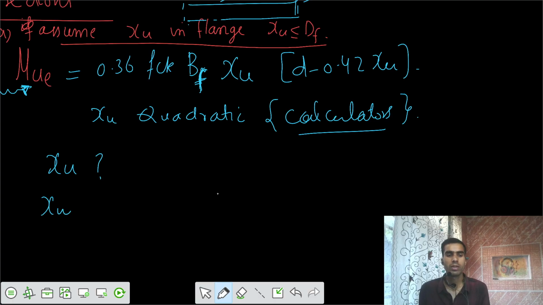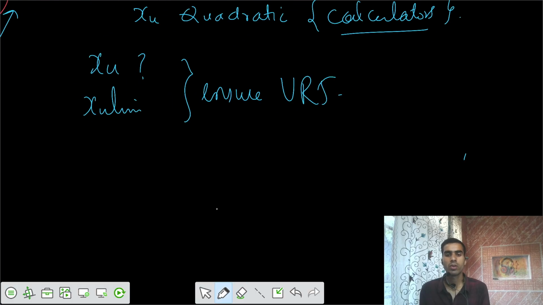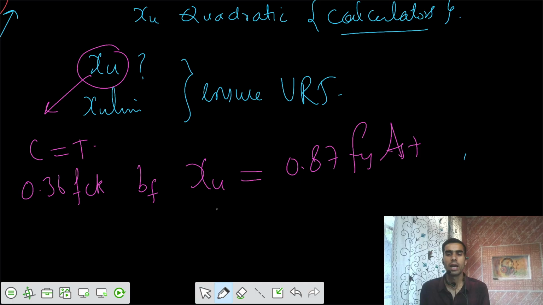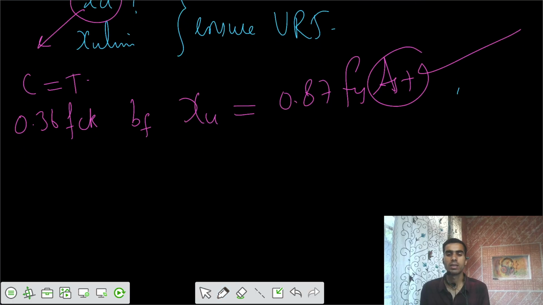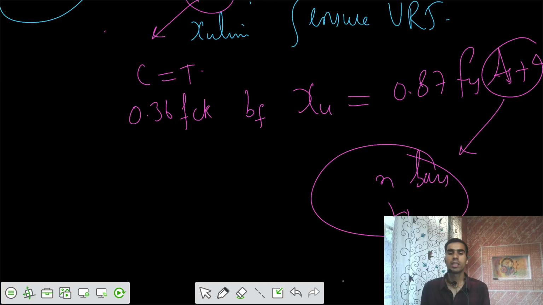Then you compare that with the limiting condition and ensure that your section is an under-reinforced section. Once you have XU, you say C equals T, so 0.36 FCK BF XU actual equals 0.87 FY AST, and you can get the value of AST from that. After that, you choose some number of bars of some diameter, and that's your design of the section.